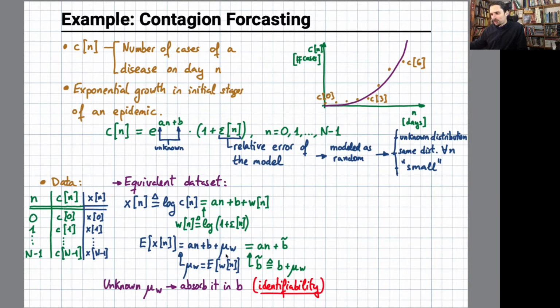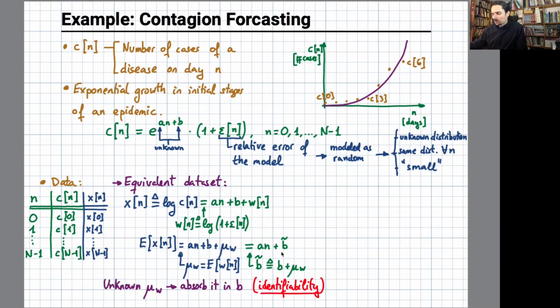It turns out that one cannot estimate these two parameters separately, not even b standalone. So the way we have to deal with these sorts of situations is to condense these two unknown parameters into a single parameter, which in this case is denoted as b tilde.